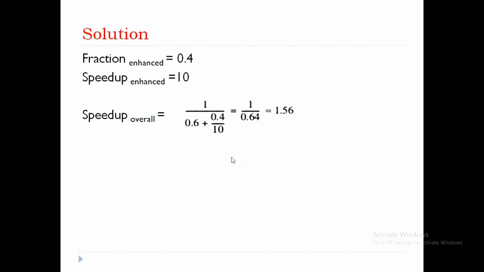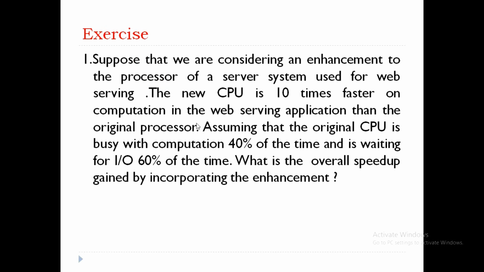I hope you all understood this problem. Once again, what is fraction enhanced? The fraction enhanced means the amount of enhancement that is attained. In our question, it is 40%, because the processor is busy in that time. The remaining 60% of the time it is waiting for input output, so it is not an enhancement.